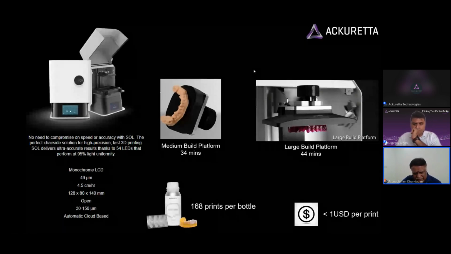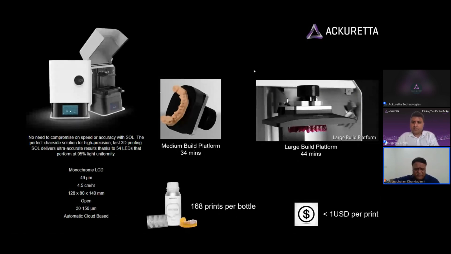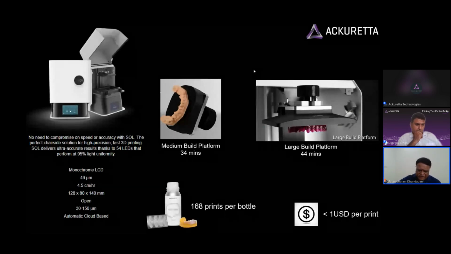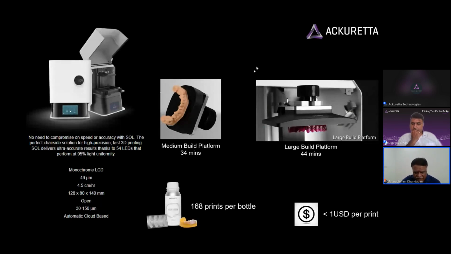The Ackuretta itself is known for its speed as well as for its accuracy and precision. You get pretty fast 3D printing. It's an MSLA type printer, so it's a masked SLA type printer. So you have a very precise and very accurate pixel size and Z resolution, which helps us to have a very good print as well.